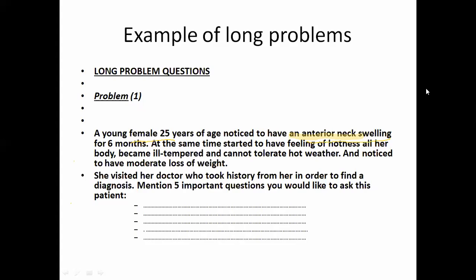You can also ask about the menstrual cycle, and about orthopnea. Does thyrotoxicosis affect the menstrual cycle? Yes. In what form? Irregularity.